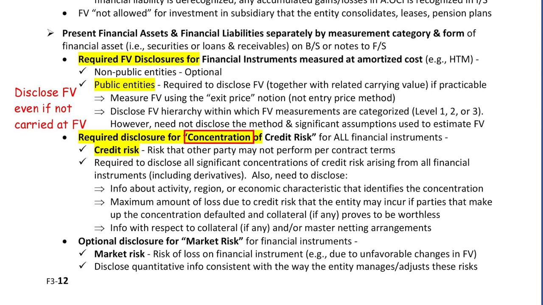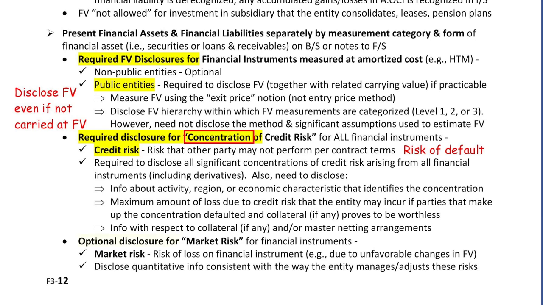Basically, it is the risk of default. And entities are required to disclose all significant concentrations of credit risk arising from all financial instruments, including derivatives. So concentration could be due to activity, region, or economic characteristics.